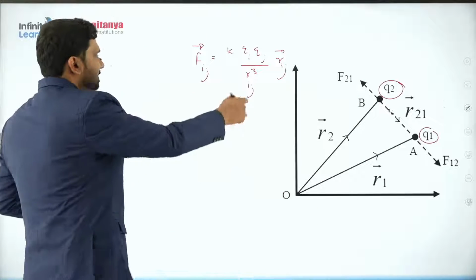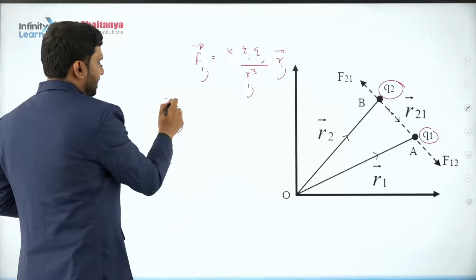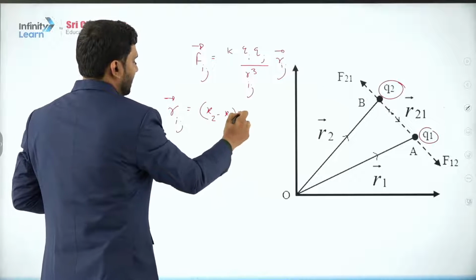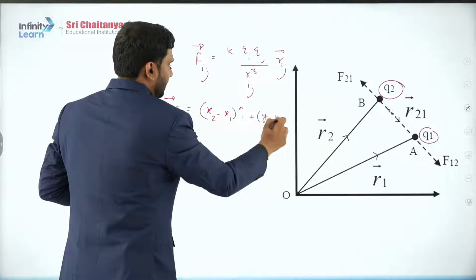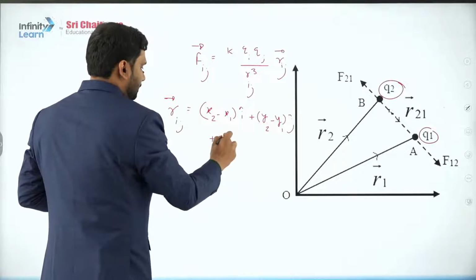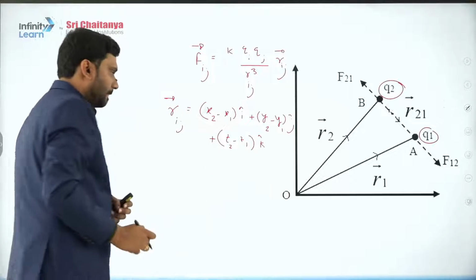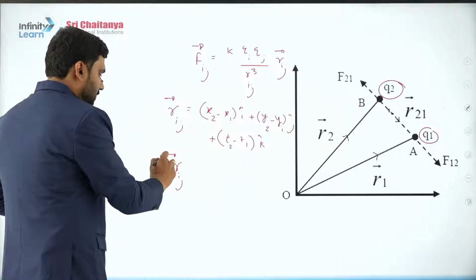Now this is the coordinate form. If it is given in a specified format, I can write Rij as (x2 minus x1) i cap plus (y2 minus y1) j cap plus (z2 minus z1) k cap. From there I can figure out the value of the modulus of Rij also.